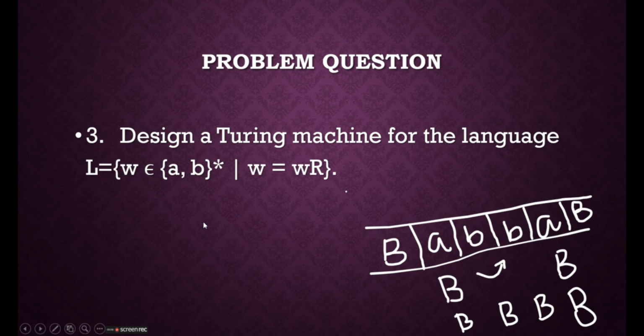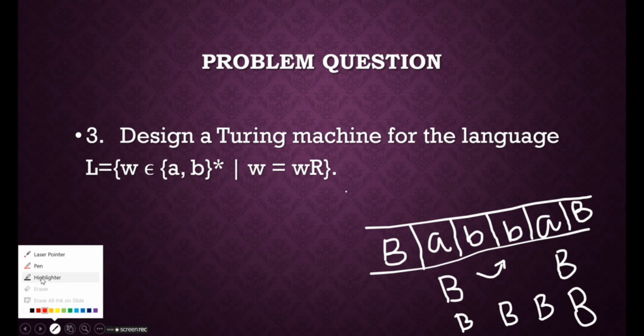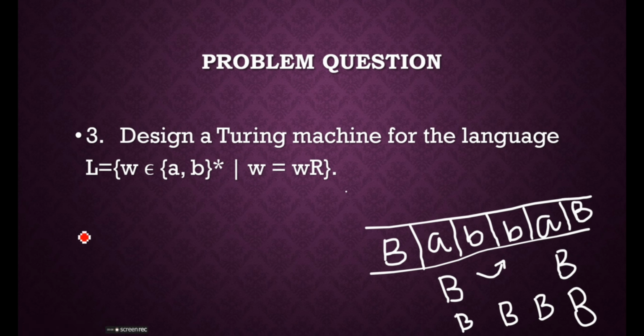So, see here, the problem statement is: design a Turing machine for the language L equal to { W belongs to {a, b}*, and W is equal to W power R }. Suppose our string W is AB.